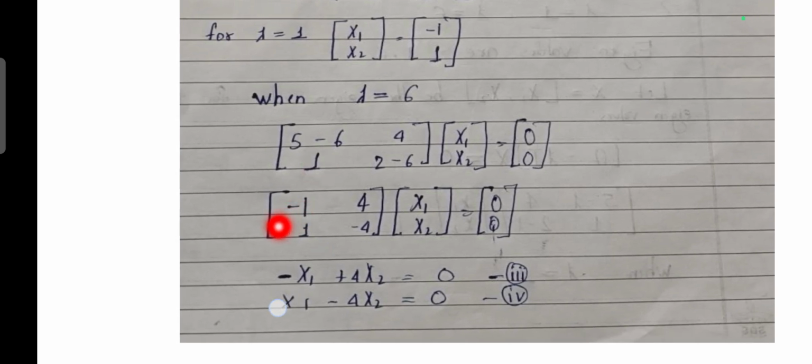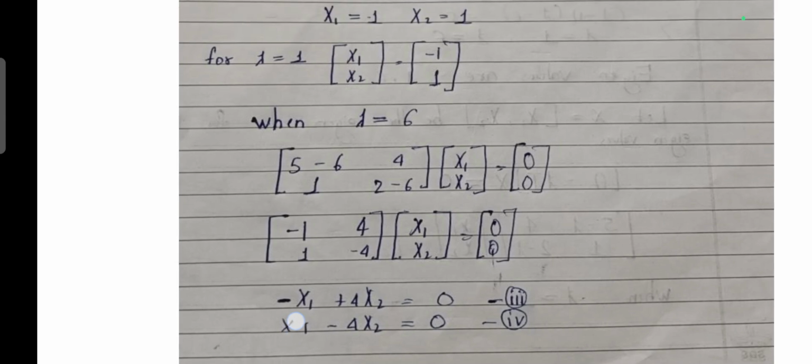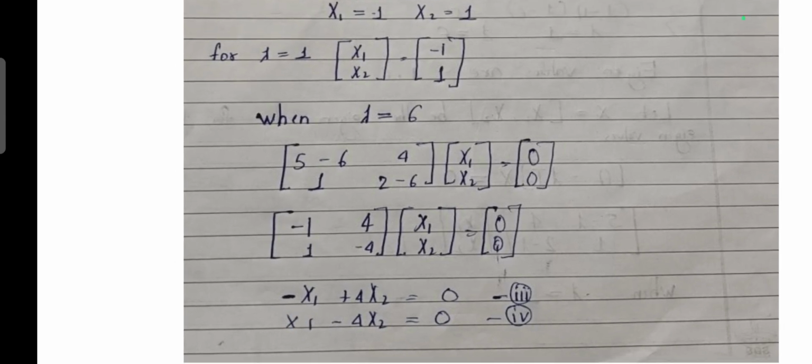In this matrix, we get [minus 1, 4; 1, minus 4] into [x1; x2] equals to 0. Now again we convert this into equation form, and we get minus x1 plus 4x2 equal to 0, we will name it equation 3. And x1 minus 4x2 equal to 0, we will name it equation 4.